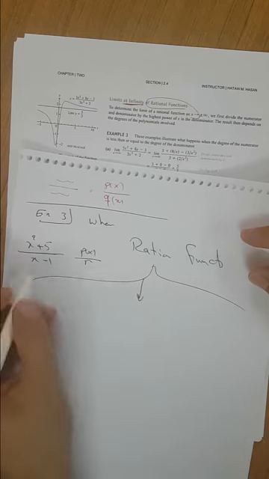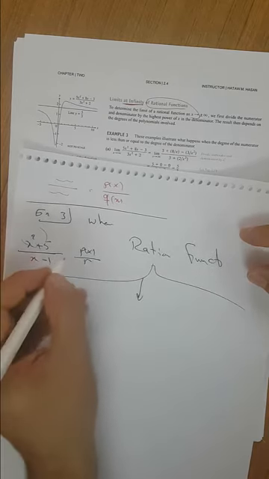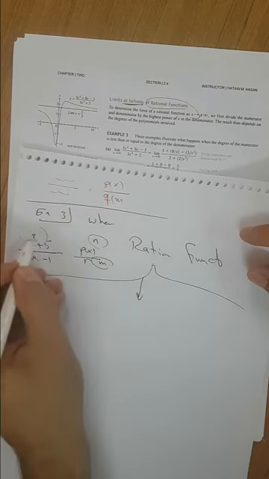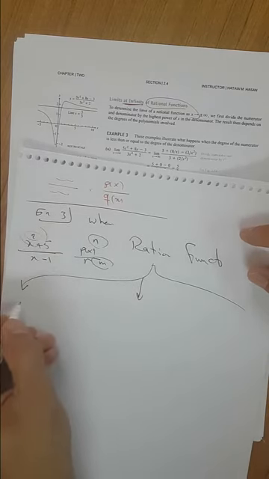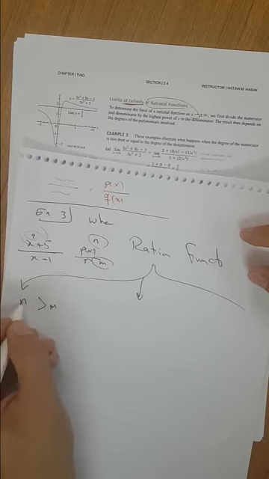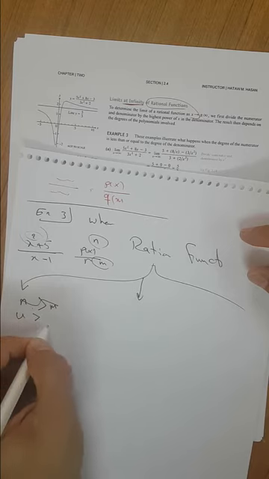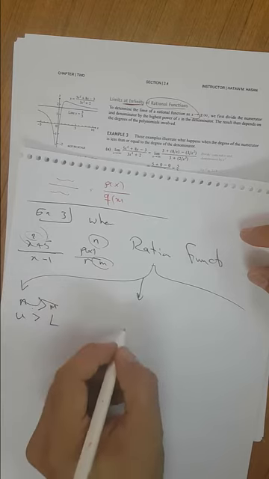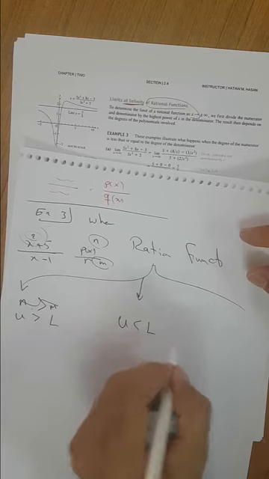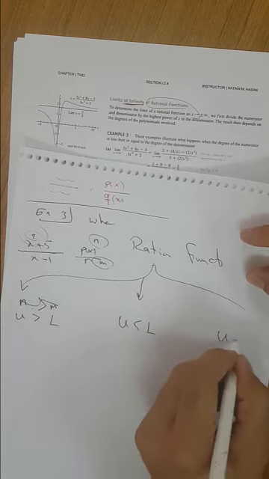Call the degree of the numerator n and the degree of the denominator m, the exponents. Maybe the upper is greater than the lower, or the upper is less than the lower, or maybe they are equal.